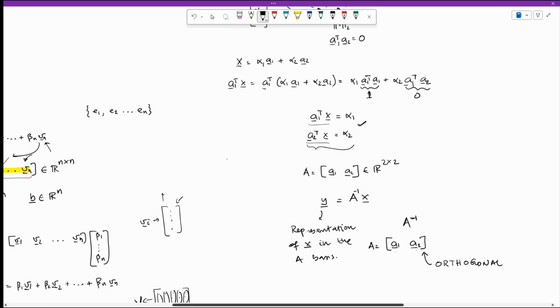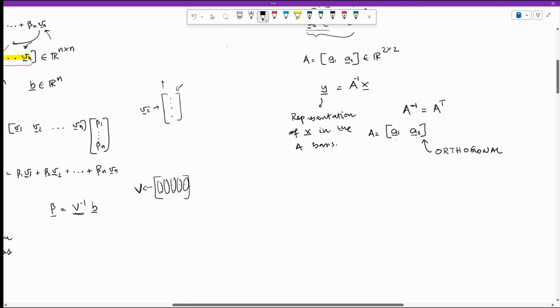It becomes an orthogonal matrix. What is the special property of orthogonal matrices? There is something special about their inverses. What is the inverse of an orthogonal matrix? The inverse of an orthogonal matrix is simply A transpose. All right.